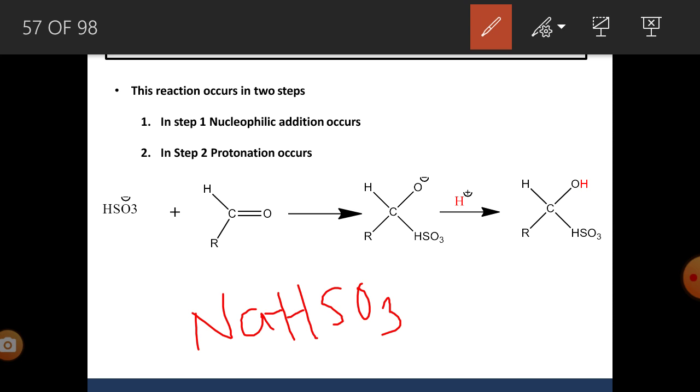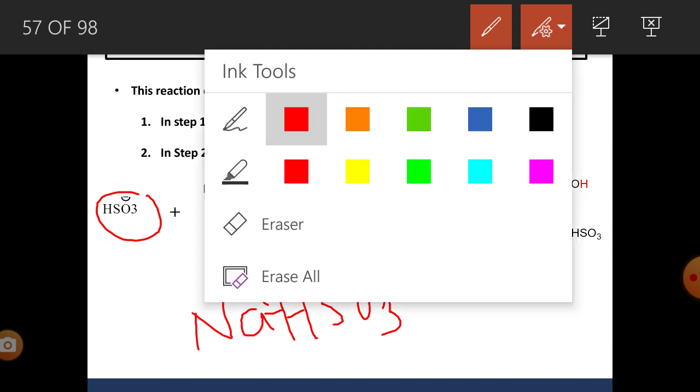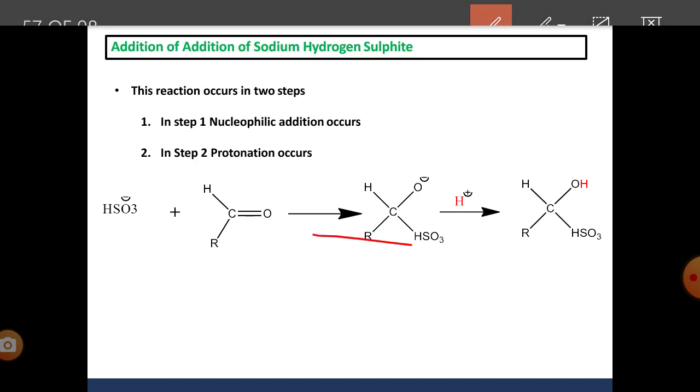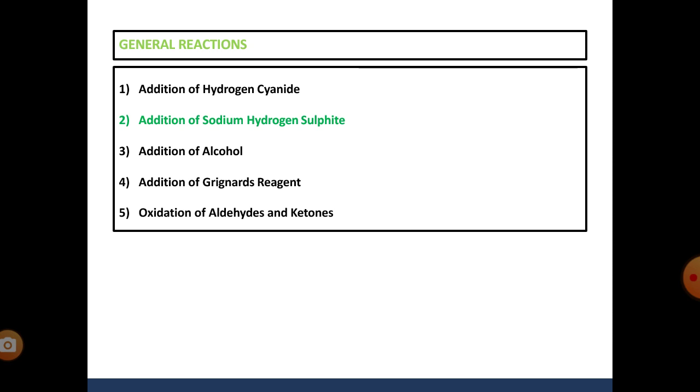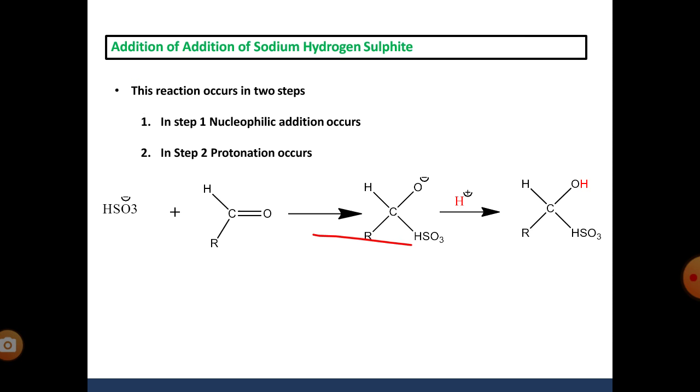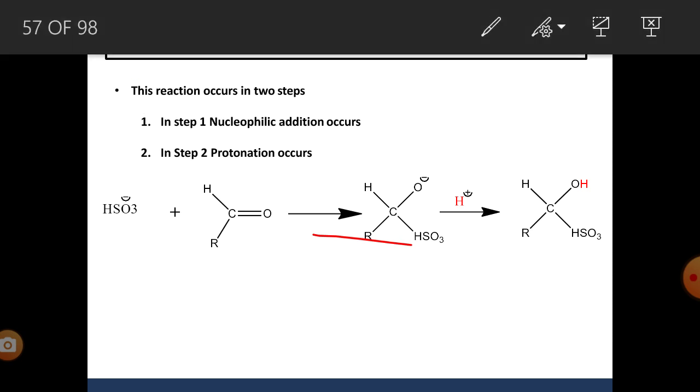As sodium is a metal, it has a tendency to donate an electron. So there is formation of HSO3 minus, which is an electron rich species like the cyanide that we covered in the first reaction. So in the first reaction we added hydrogen cyanide. Now we have to add sodium hydrogen sulfite.